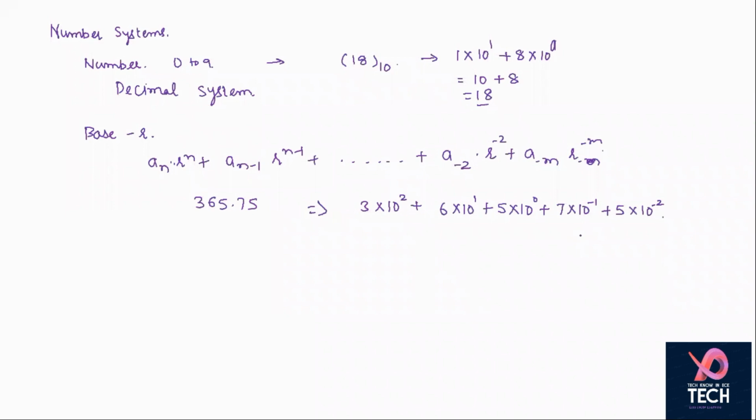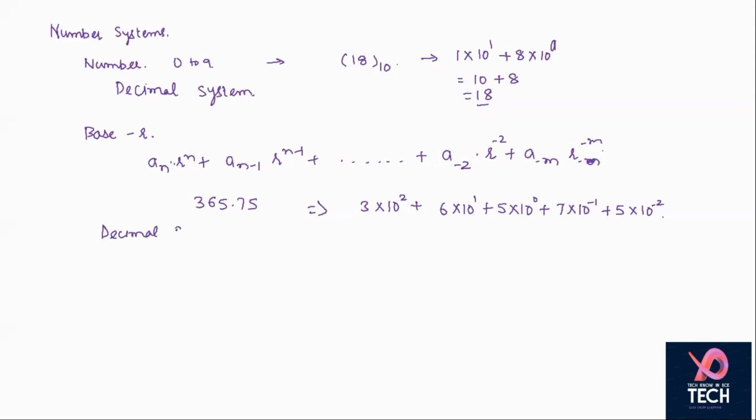In this way, you can write out the entire number. So this is how you can represent things. This is quite simple to understand. This system is basically called decimal.